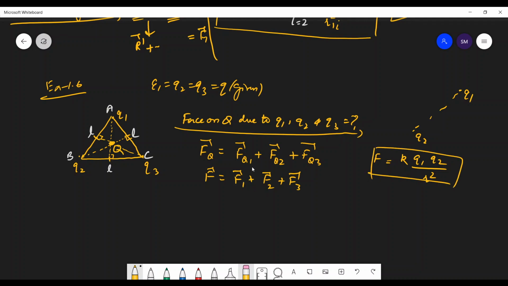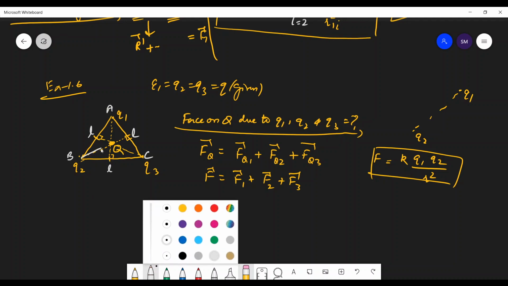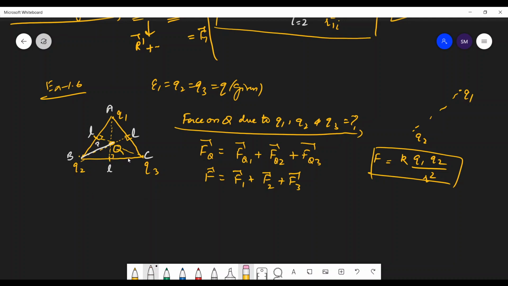Here the force is between Q and Q1, Q and Q2 and Q and Q3. So the very simple thing is I need to know this length, R, meaning the distance between Q1 and Q, the distance between Q2 and Q, and the distance between Q and Q3. And all three distances are the same.